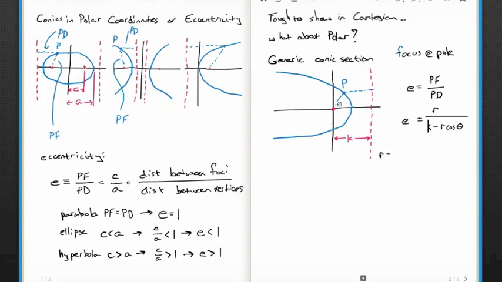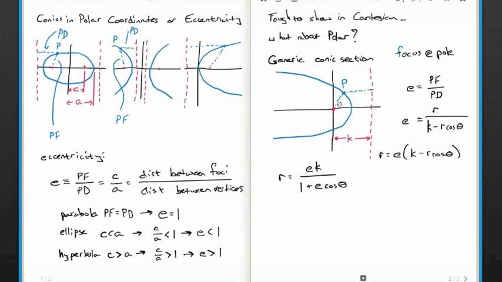So r equals e times k minus r cos theta. Then I distribute that e, get all the r's on one side, and I wind up with r equals ek over 1 plus e cosine of theta.